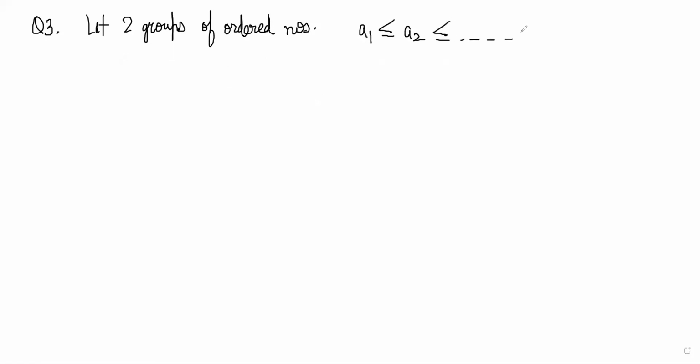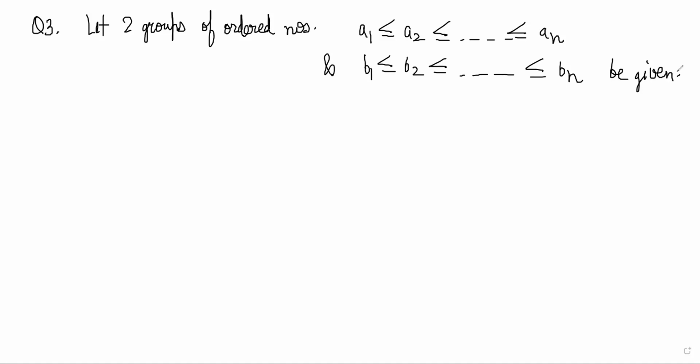This is the third one. Let there be two groups of ordered numbers a1 less than or equal to a2 less than or equal to an, and b1 less than or equal to b2 less than or equal to bn be given.